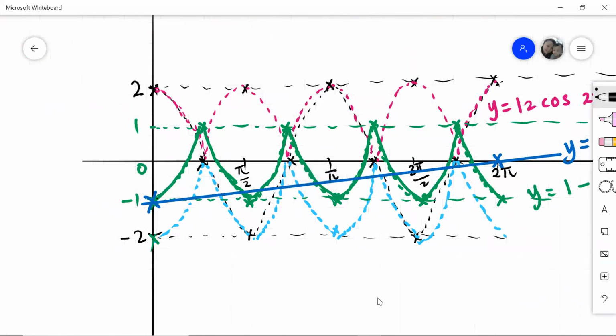They will meet here, and one point here, another point here, another point here. All the intersecting points between the straight line and the green graph will be our answer. So let's count: 1, 2, 3, 4, 5, 6, 7, 8. So the number of solutions will be 8. That's it.